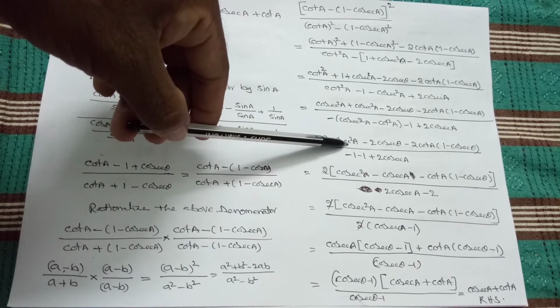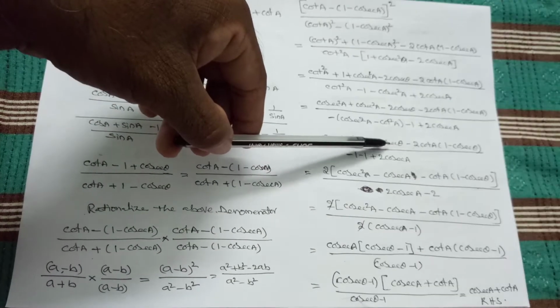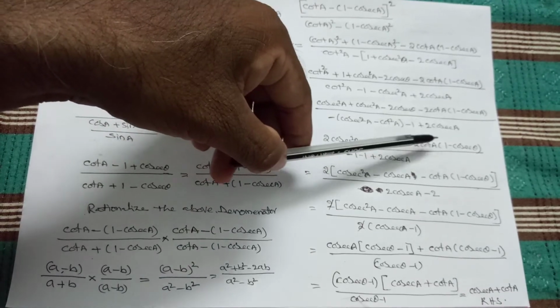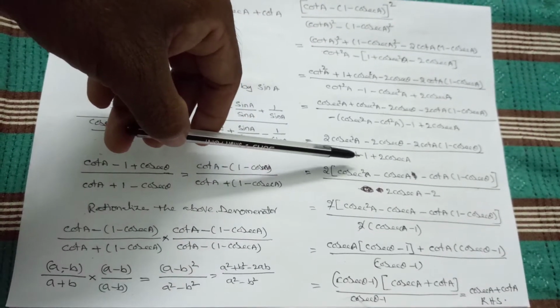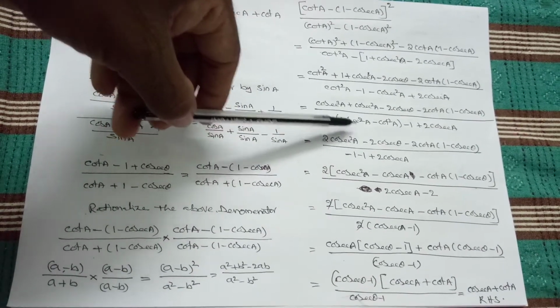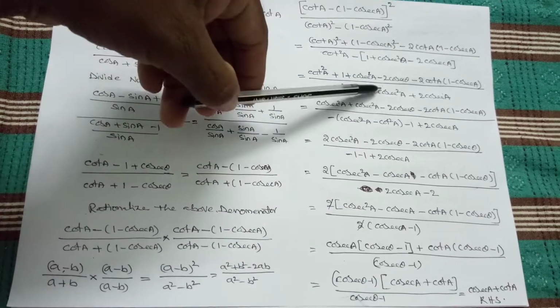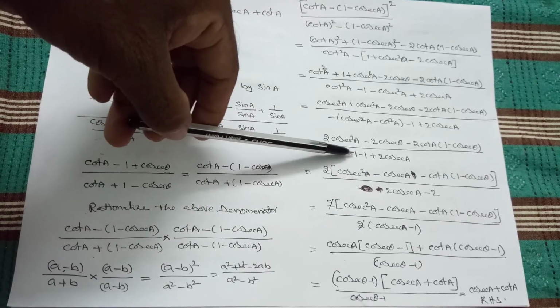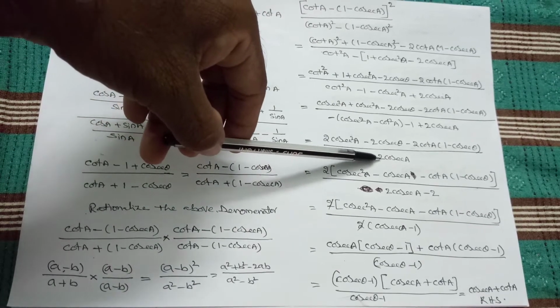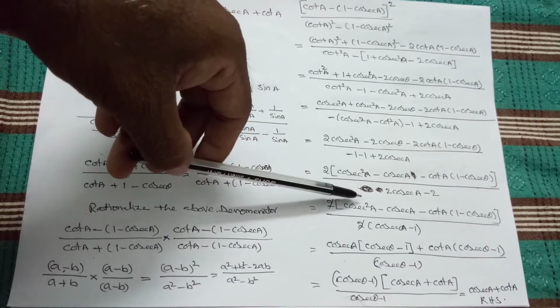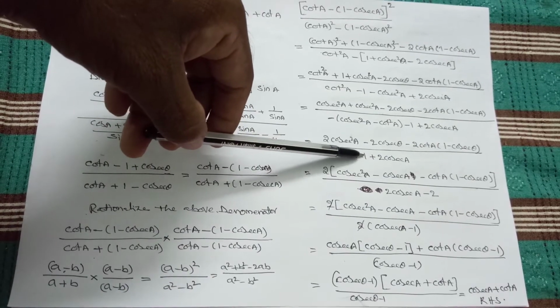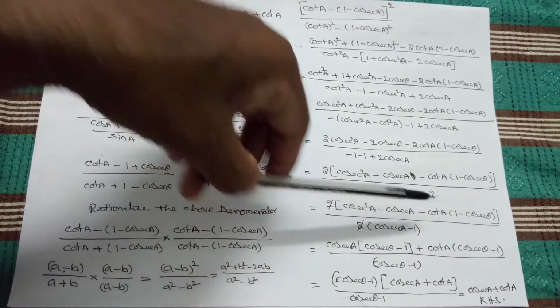You can write 2 cosecant square theta minus 2 cosecant theta minus 2 cot theta (1 minus cosecant theta) whole by, here you can take off minus from cot square and cosecant square, therefore minus 1 plus 2 cosecant square. So it is minus 2. Write down minus 2 in the denominator.